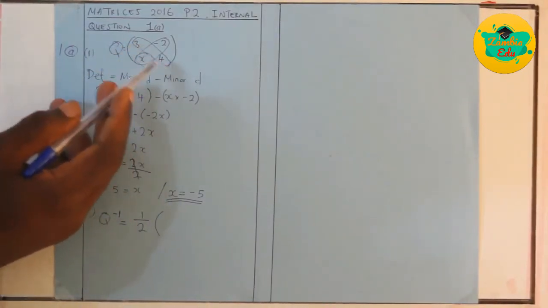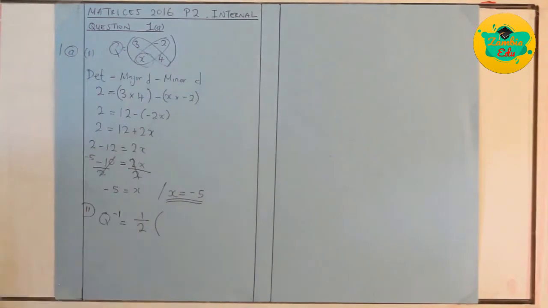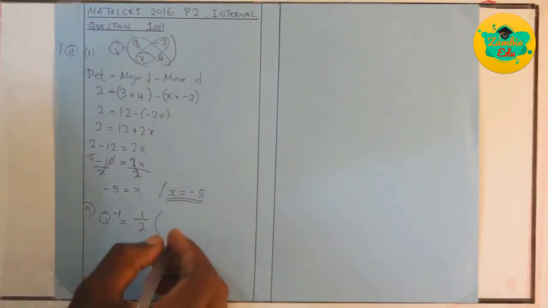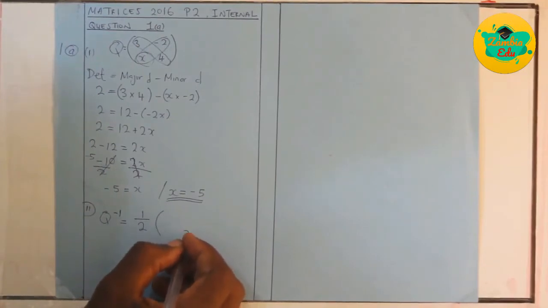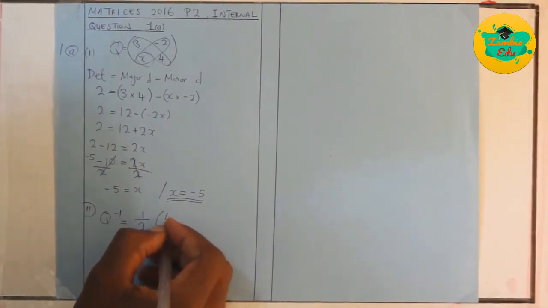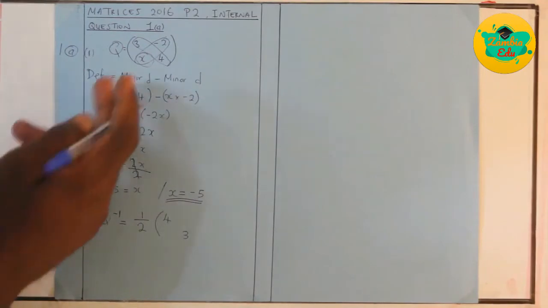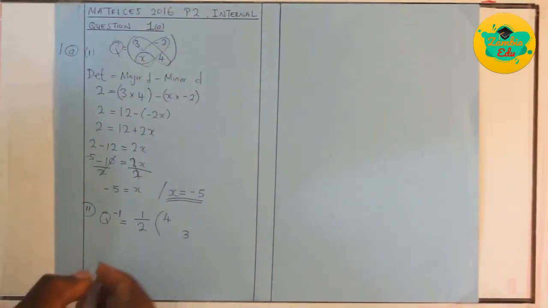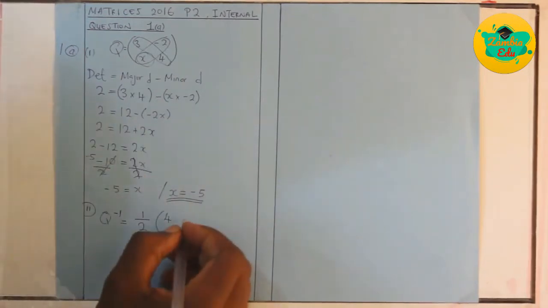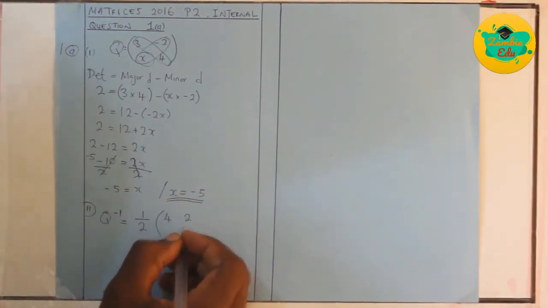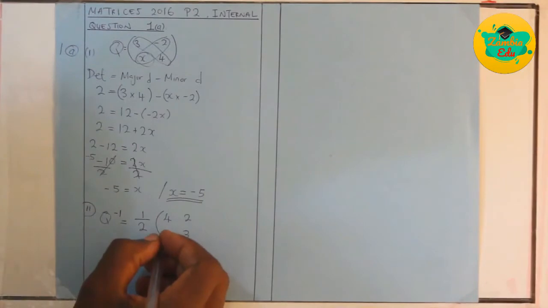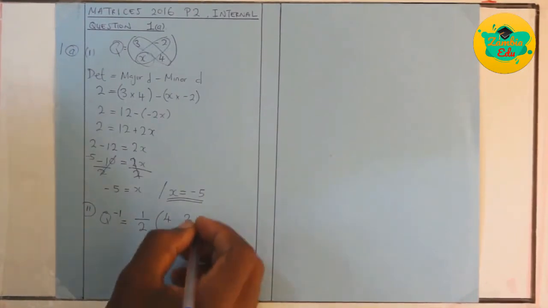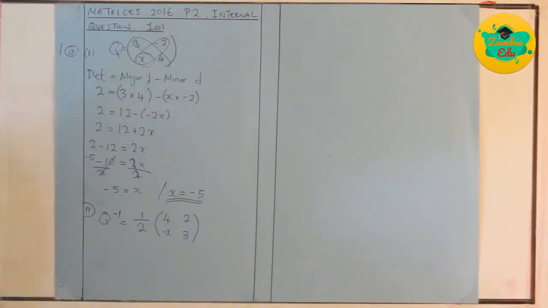Numbers in the major diagonal, they swap. So if 3 was on top there, the 3 will go down. Then the 4 which was down goes up. Then you multiply all the numbers in the minor diagonal with a negative. So negative times 2 there, you get a positive 2, and then that gives you a negative x. And you close in that way.